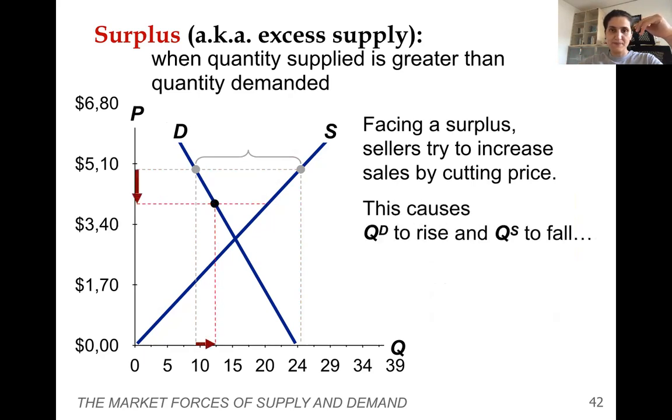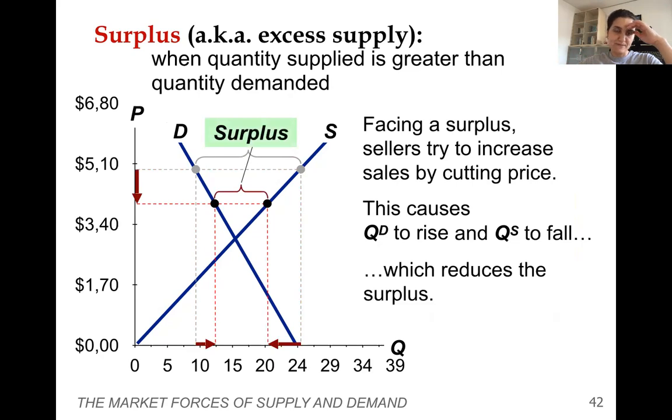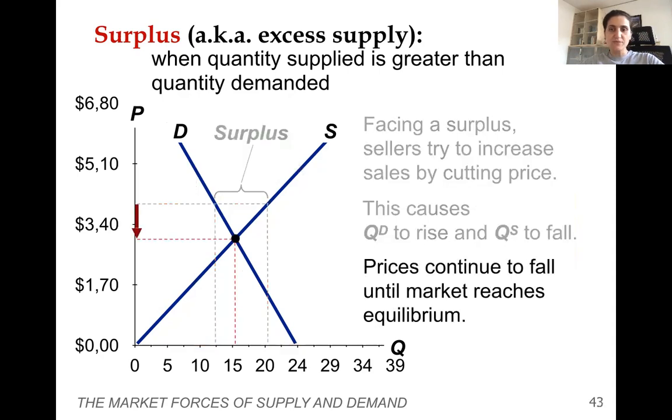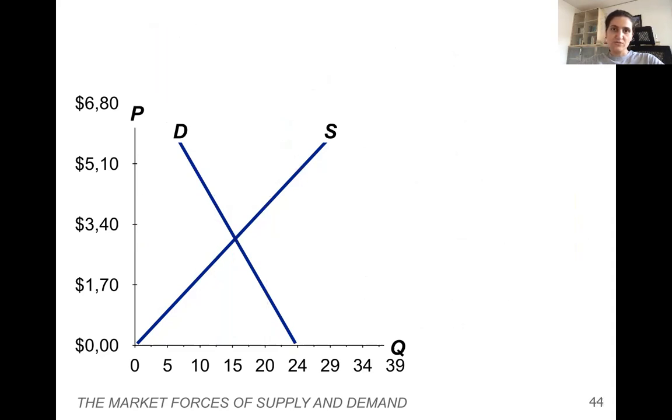The surplus will decrease until it is zero, at the equilibrium point. Prices continue to fall until the market reaches the equilibrium point.